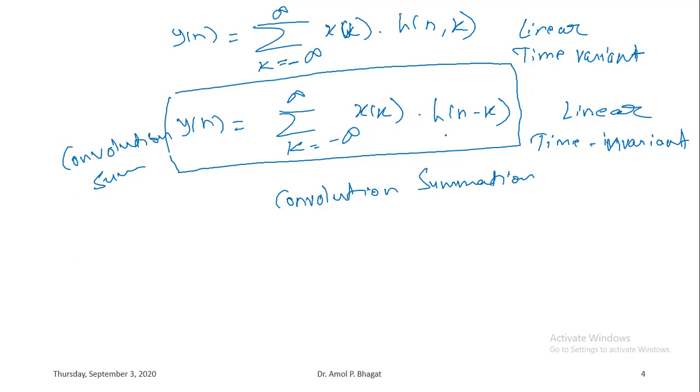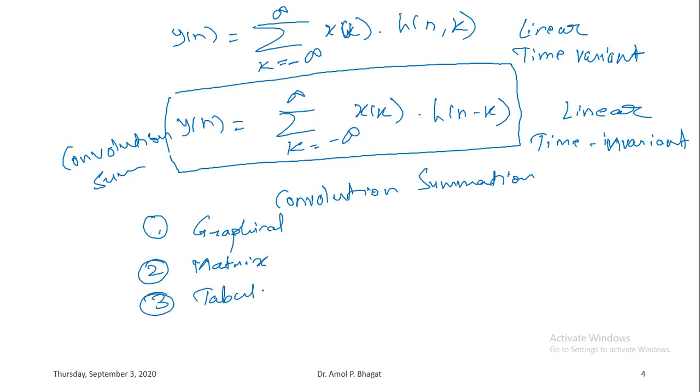We can compute this convolution summation graphically or by various methods. First one is the graphical method, second one is the matrix method, third one is the tabular method, fourth one is mathematical.